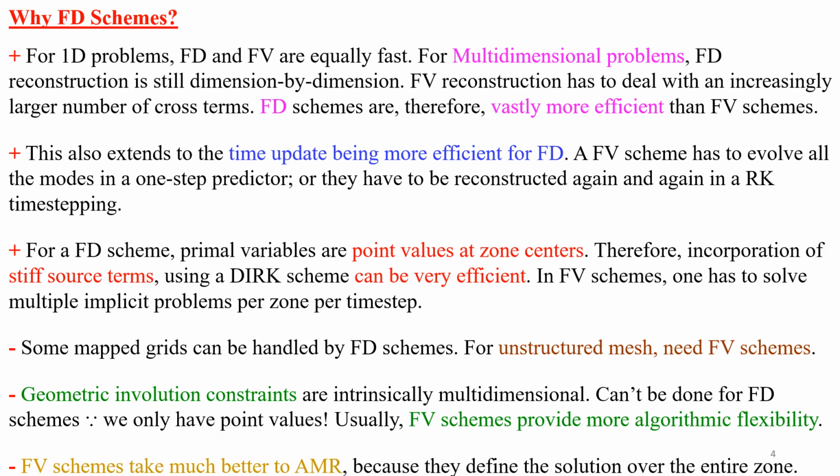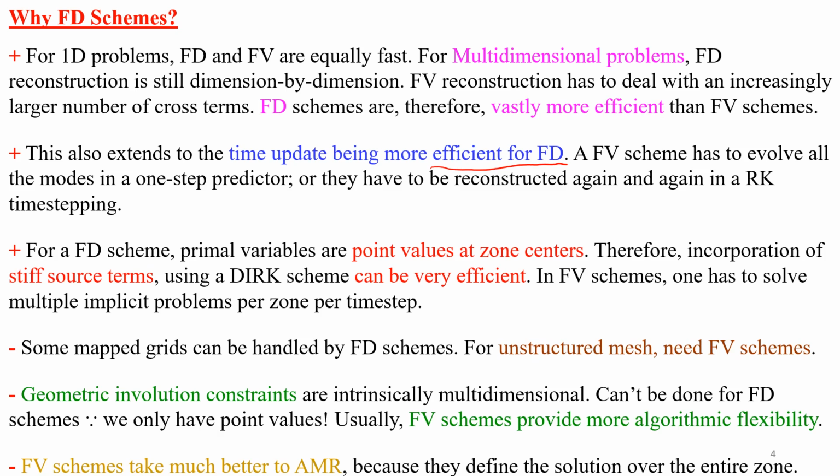This penalty does not extend to finite difference approximations, only to finite volume approximations. If you're using any sort of Lax-Wendroff type scheme or ADER type scheme, you will actually have to evolve those extra cross terms, which additionally adds to the cost. So there's a big efficiency advantage for finite difference approximations.